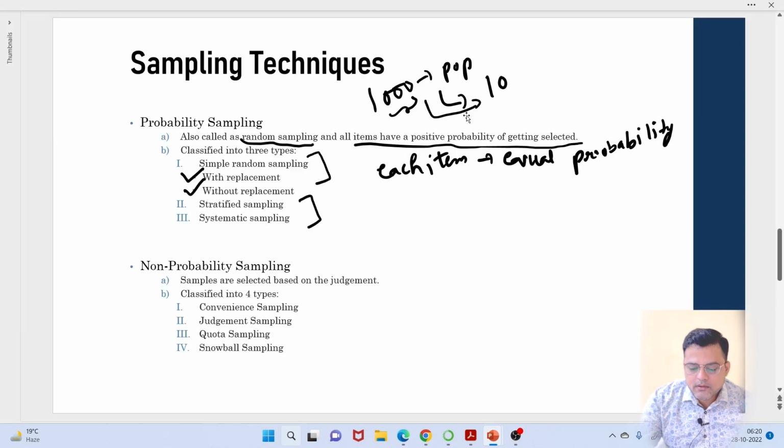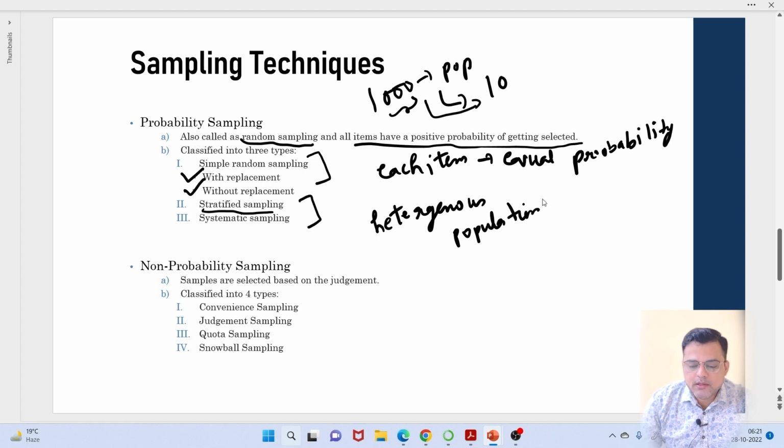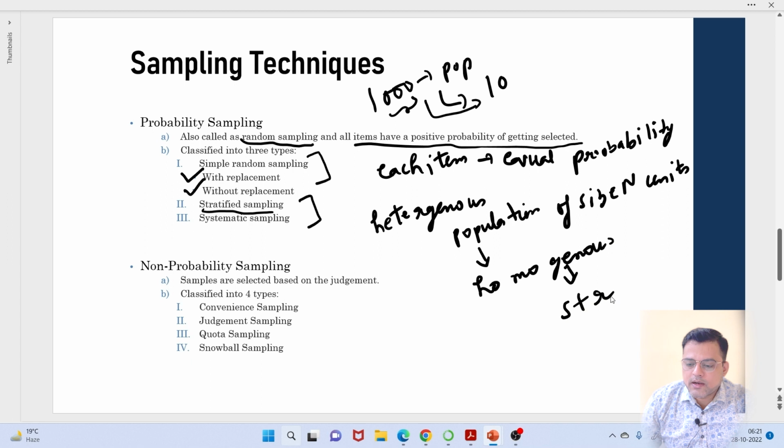And then we have something called stratified sampling. In stratified sampling, the heterogeneous population of size n units is subdivided into homogeneous populations, which we also call strata.